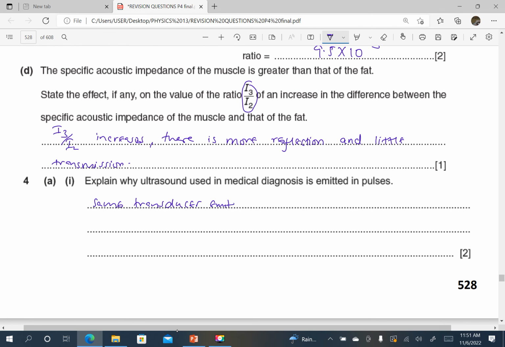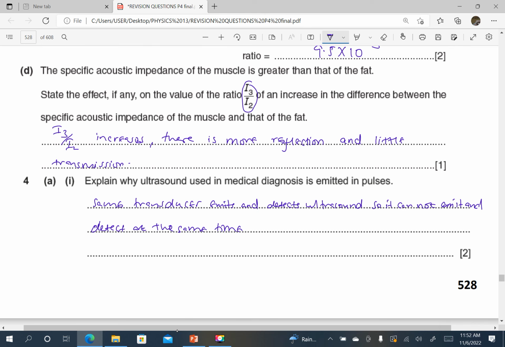So it cannot emit and detect at the same time.